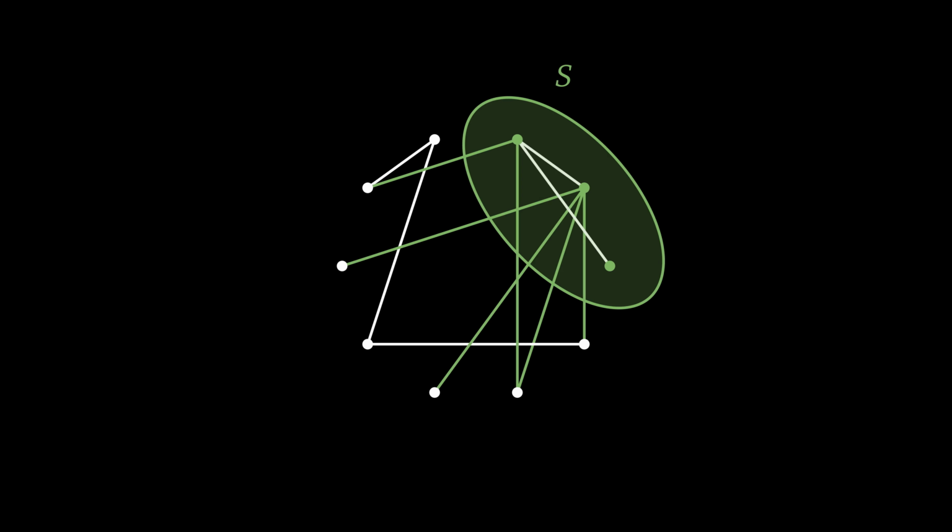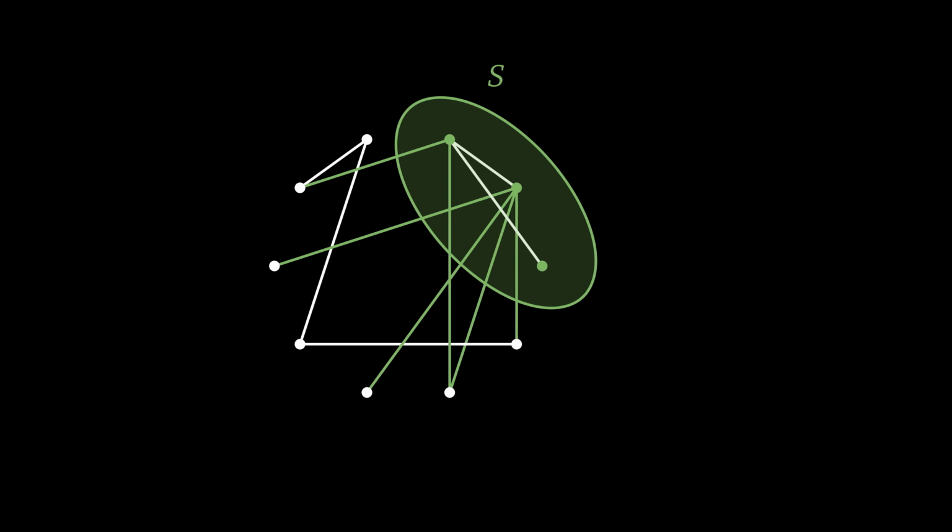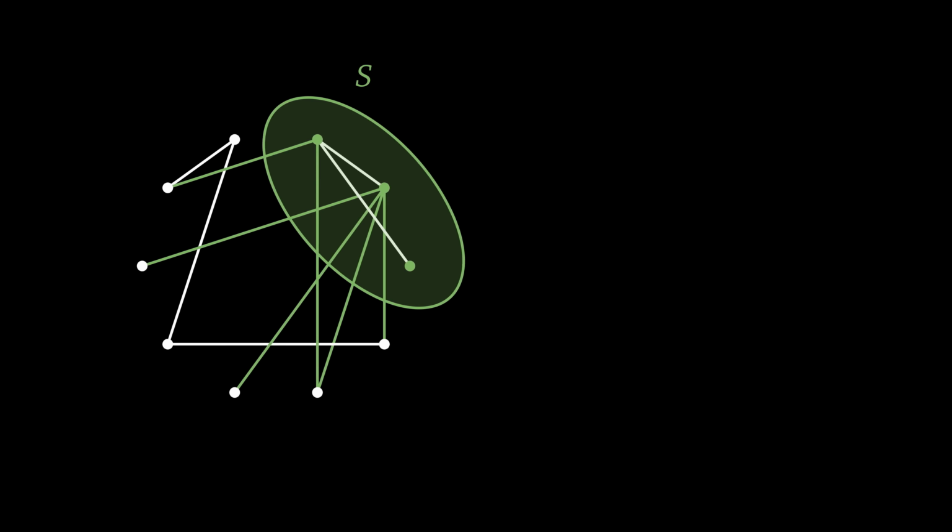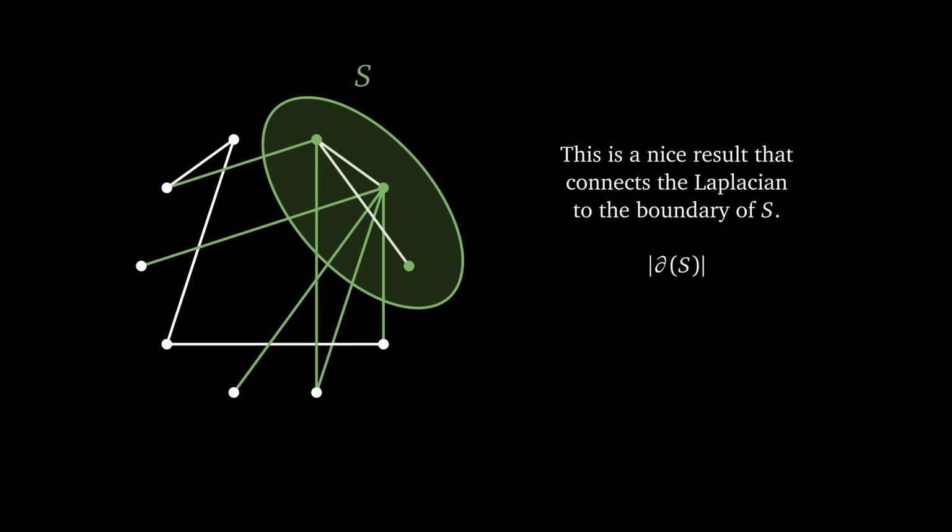We can draw this out and get a better visual of what's going on here. When we evaluate the right-hand side, we see that it's really measuring all the edges that cross the boundary of our subset. And this is a nice result, which connects the Laplacian to the boundary of our subset.